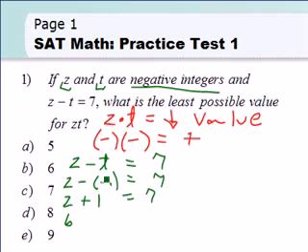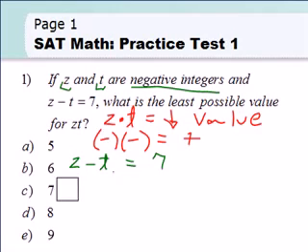So now let's try to reverse the numbers and substitute negative 1 in the letter z, and let's see what we come up with. Let me just erase this, and let me go back and substitute negative 1 for letter z. Then I have negative 1 minus t equals 7.